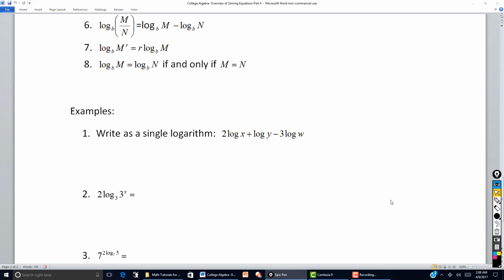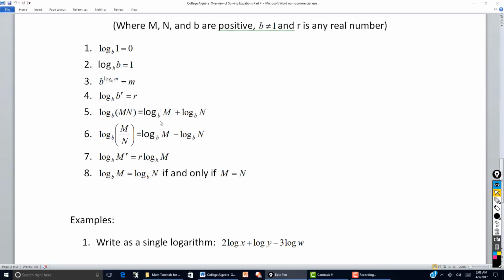Okay, in the next two, I'm actually going to be using property number 3. And notice property number 3 states if I have a base b taken to a power where I have a log, and the base on the log is the same as the base here, then the answer is going to be whatever this is.